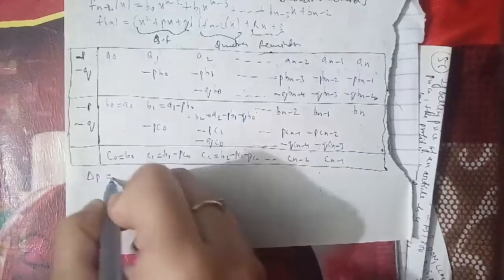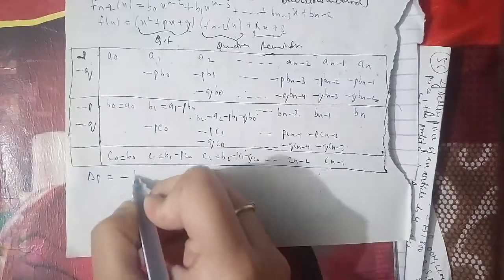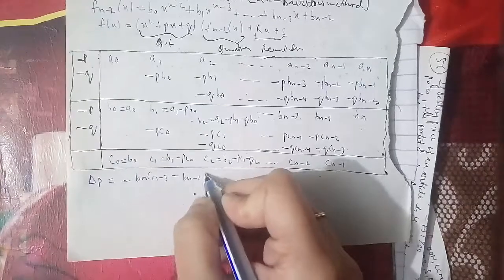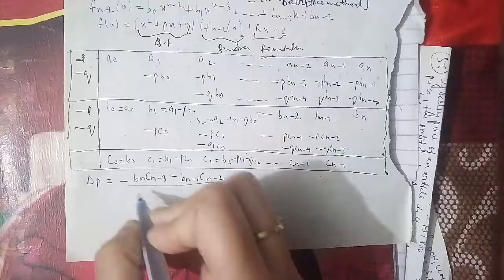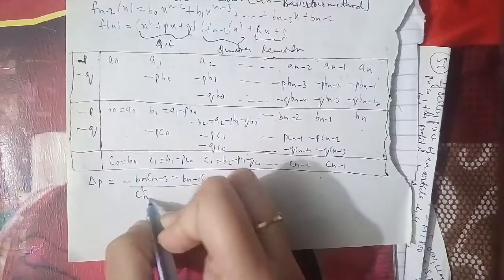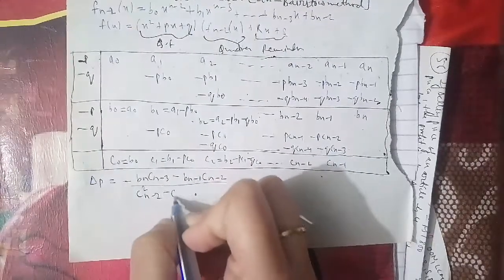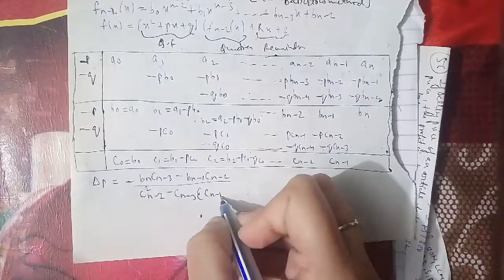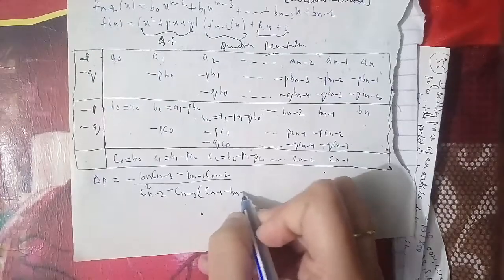Delta P equals minus Bn Cn minus 3 minus Bn minus 1 Cn minus 2 upon Cn minus 2 squared minus Cn minus 3 Cn minus 1.